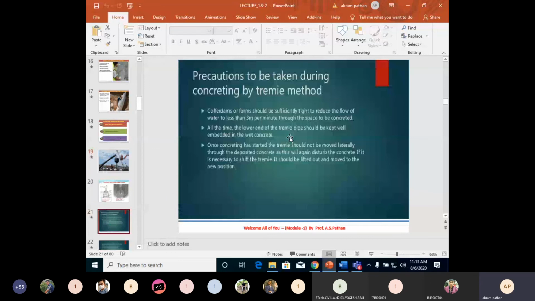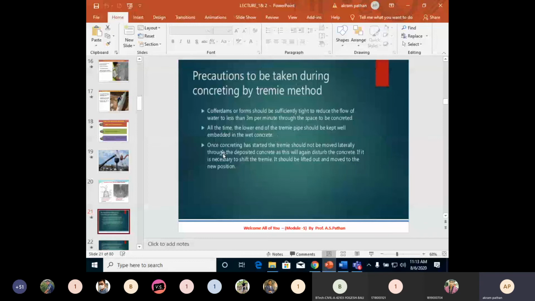Precautions to be taken during the Tremie methods. The cofferdam or formwork should be sufficiently tight to reduce the flow of water to less than 3 meters per minute throughout the space to be concreted. At all times, the lower end of the Tremie pipe should be kept well embedded in the wet concrete.